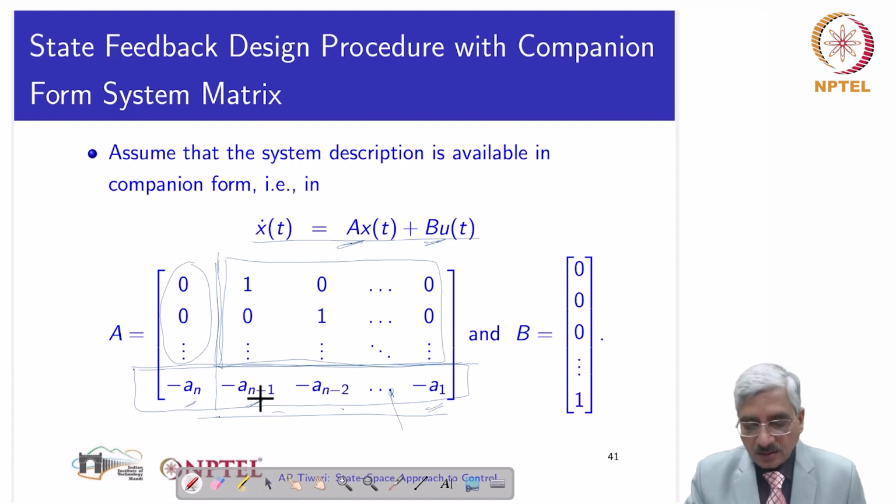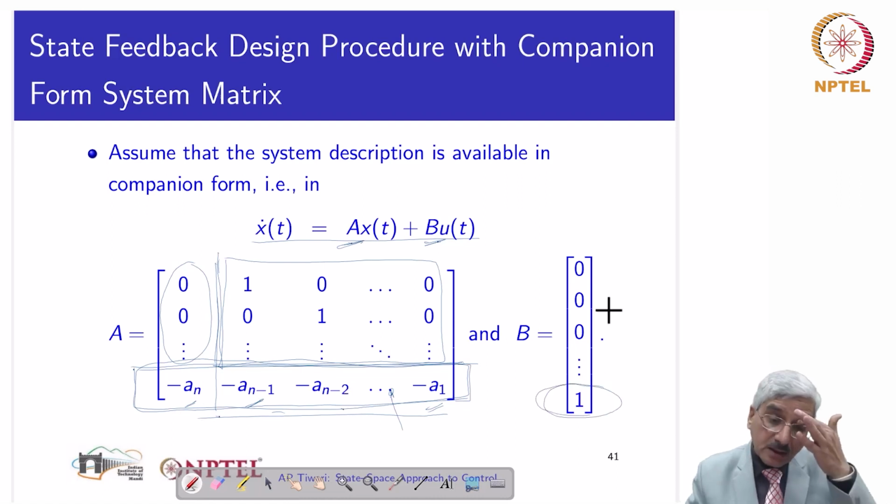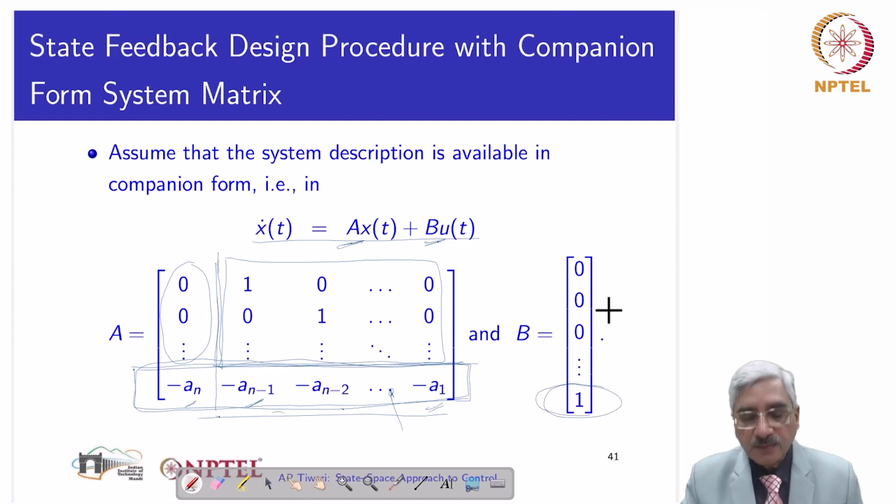So this companion form system matrix has the coefficients of the characteristic equation appearing in the last row with minus sign, and the B matrix has a unity here, remaining all elements are 0. This is the structure of the companion form matrix.